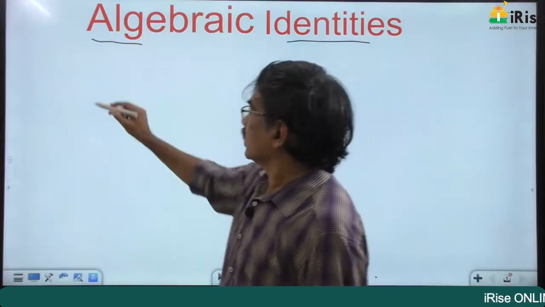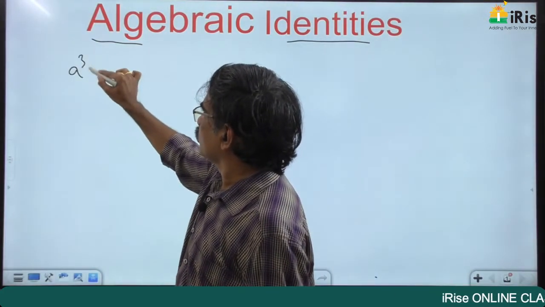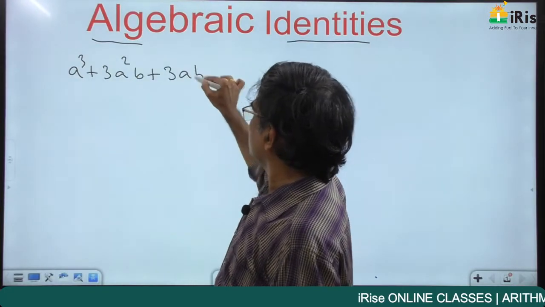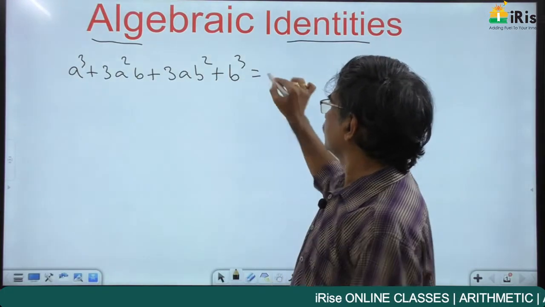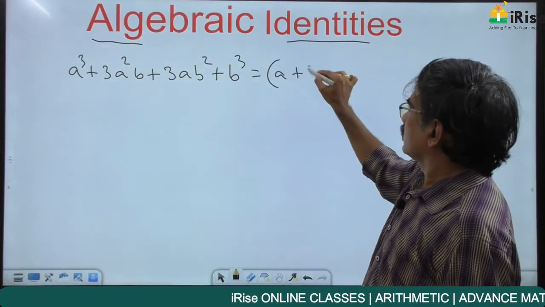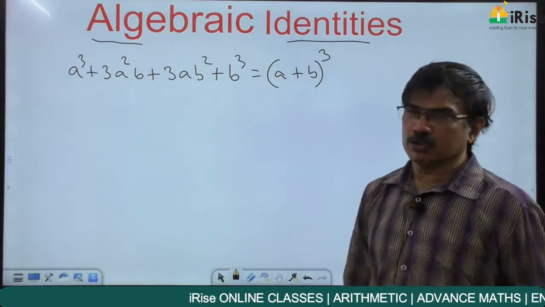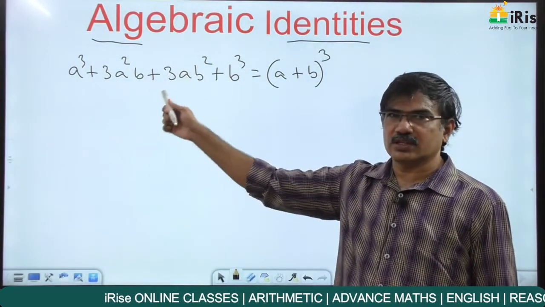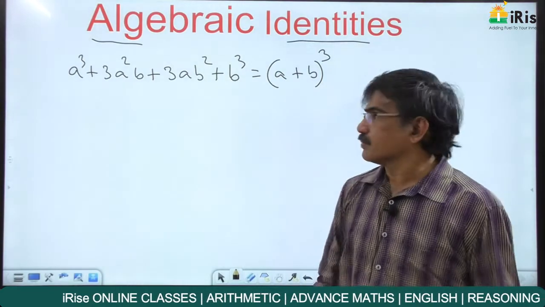Next one. What is a cube plus 3a square b plus 3ab square plus b cube? This is the known formula a plus b whole cube. A plus b whole cube is equal to a cube plus 3a square b plus 3ab square plus b cube.